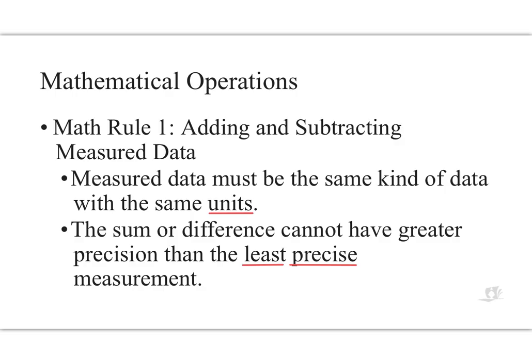Okay, so first and foremost, you have to add numbers that have the same units. The sum or difference cannot have greater precision than the least precise measurement. So here, when you're adding and subtracting, you look at the least precise, and that's what you're going to use for adding and subtracting. All right.